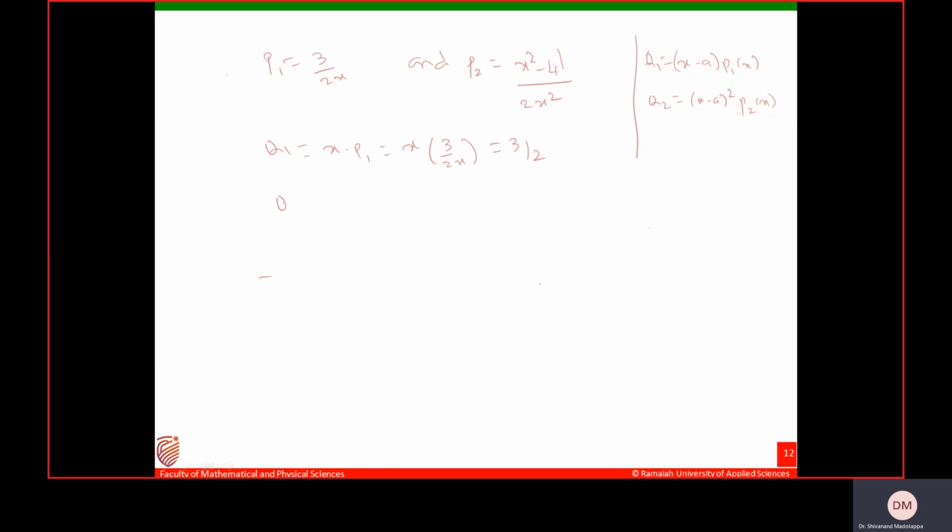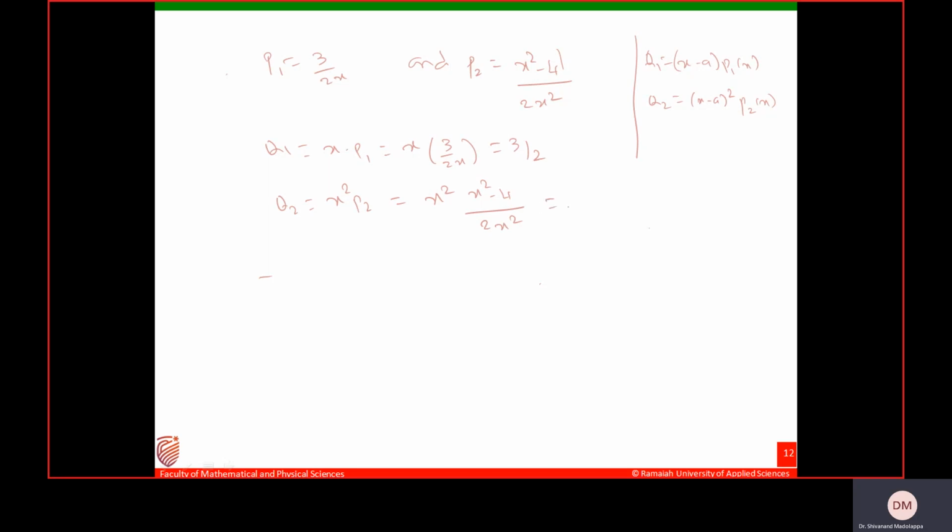Then q2 is equal to x square p2, using these formulas, x square times x square minus 4 divided by 2x square.